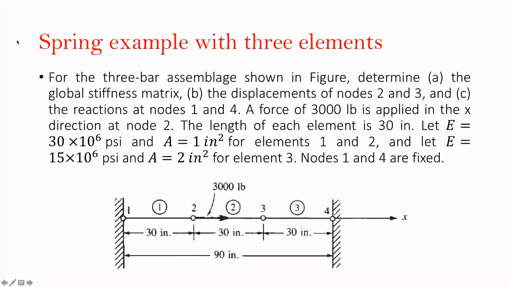Elements number 1 and 2 have the same material properties and geometry. It would be a little bit different for element number 3. Once we have the element K matrices for these 3 elements, we need to come up with the global matrix and introduce the boundary conditions.